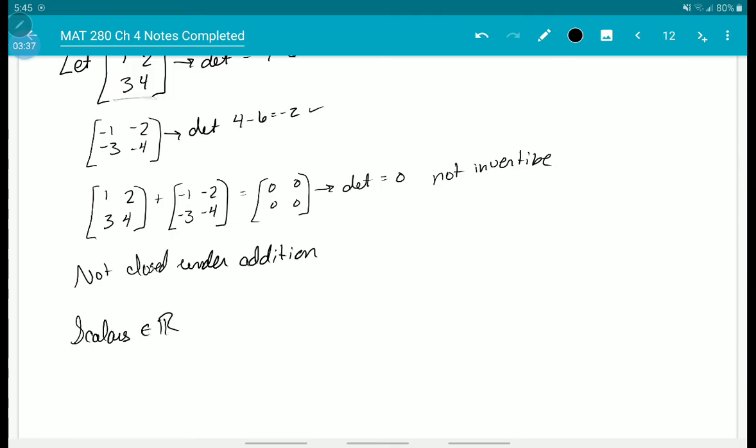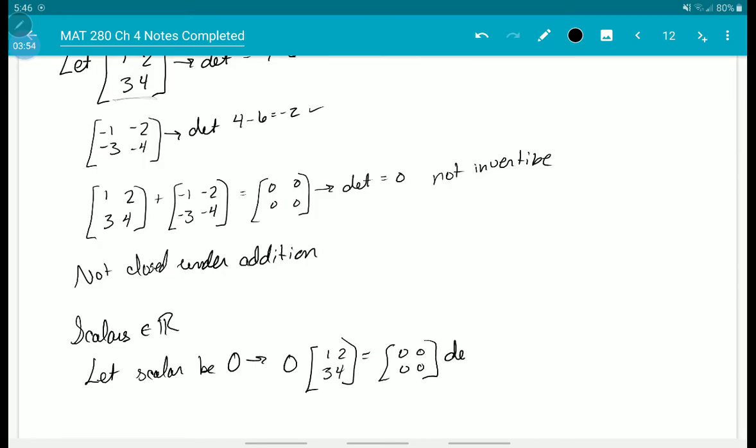They're any real number. So what if we were to let the scalar be 0? Well, then 0 times any matrix is going to produce the 0 matrix, which has a determinant of 0, which is not invertible.